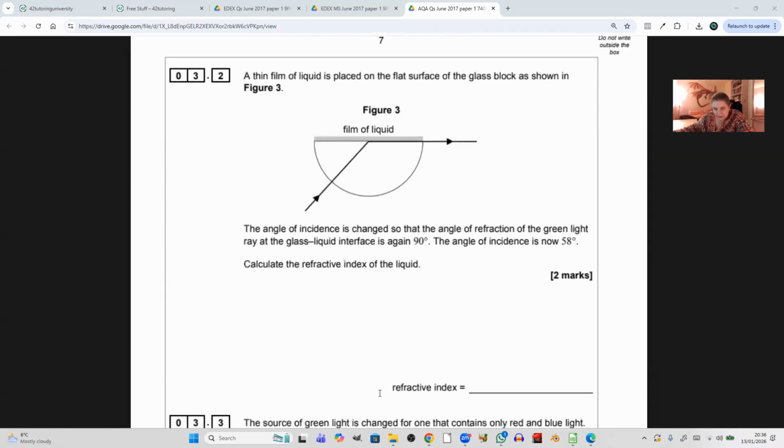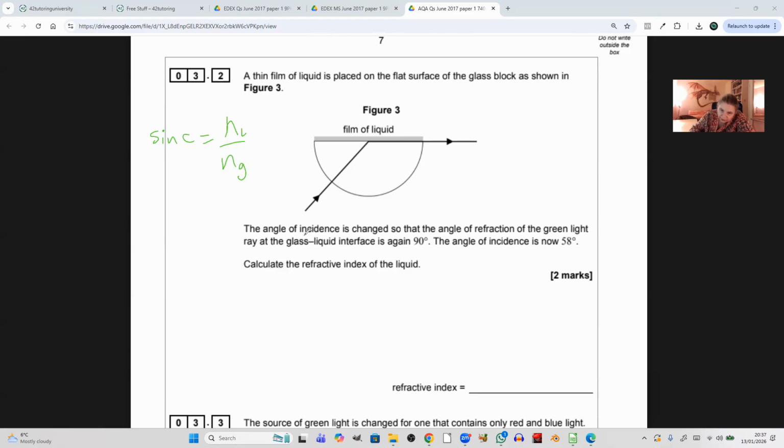Then there's another calculate. Now we've got a thin film of liquid. So instead of using sine critical angle is 1 over the refractive index of glass, now we have to do sine critical angle is 1 over. Now this is the liquid and this is the glass.